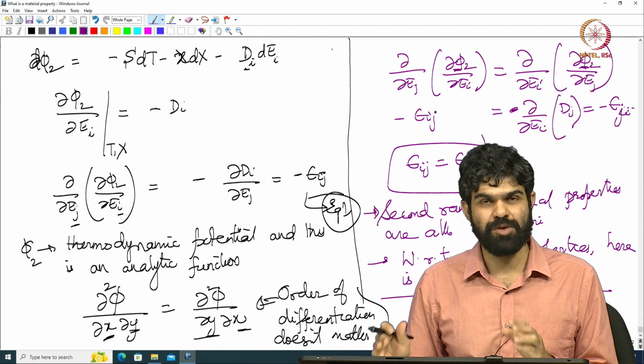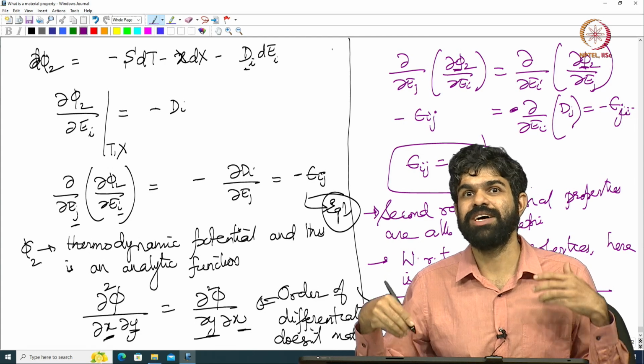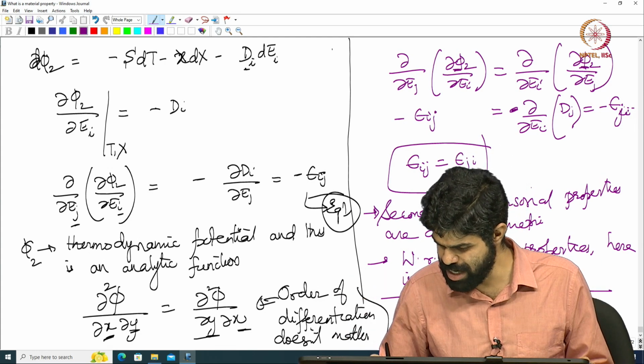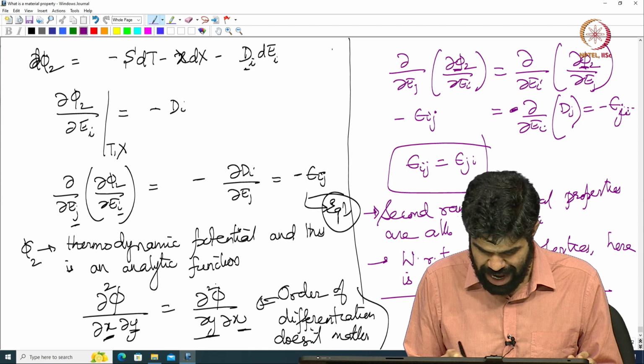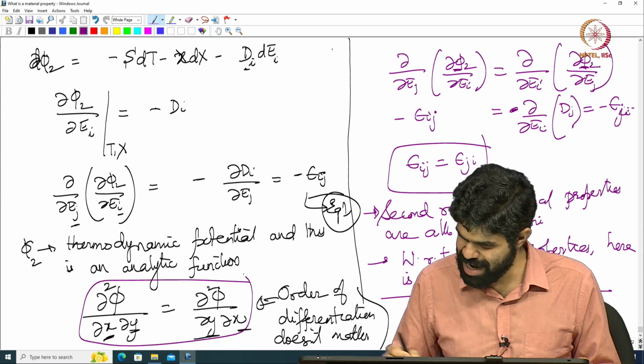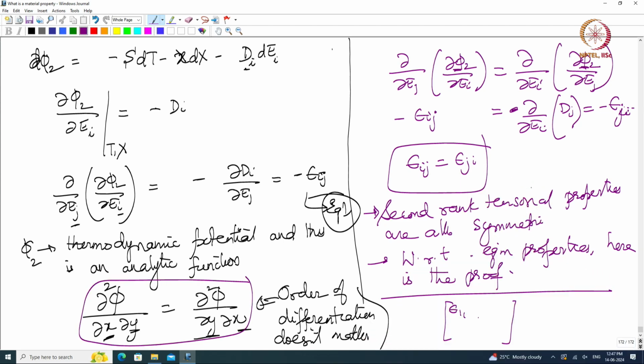Any equilibrium property of second rank tensor will have an underlying thermodynamic potential, and because of this fact that this is an analytic function, all I have are epsilon 1 2, epsilon 1 3, but this also will be epsilon 1 2, this also will be epsilon 1 3, this is epsilon 2 3, this is epsilon 2 3.